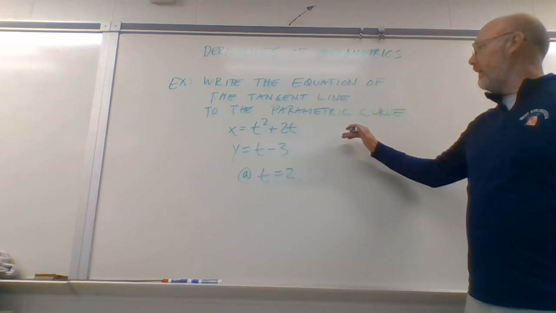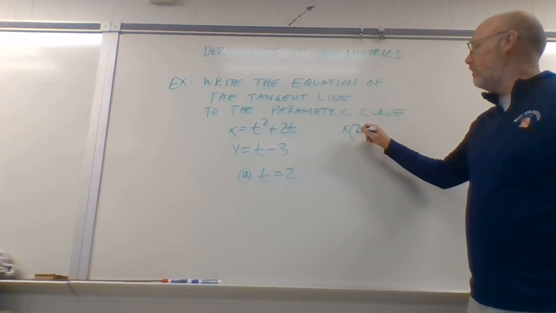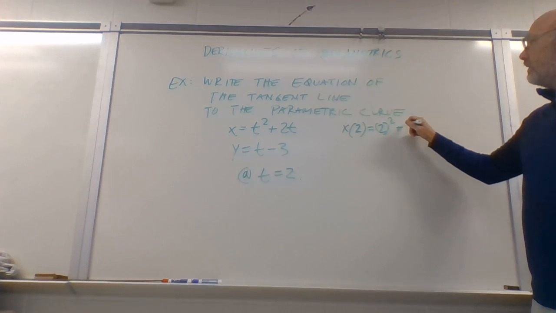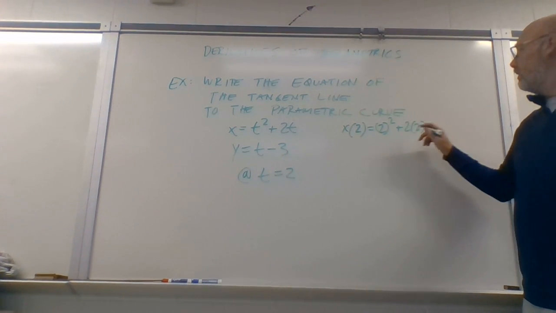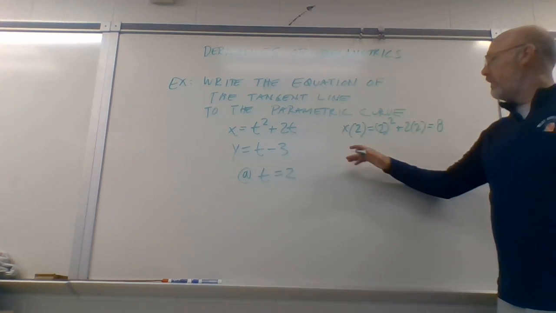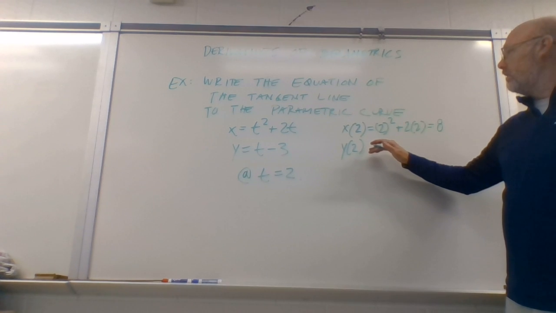I'm just going to plug in 2 for t. So x of 2 is 2 squared plus 2 times 2. What's that? 8. And then y is -1.